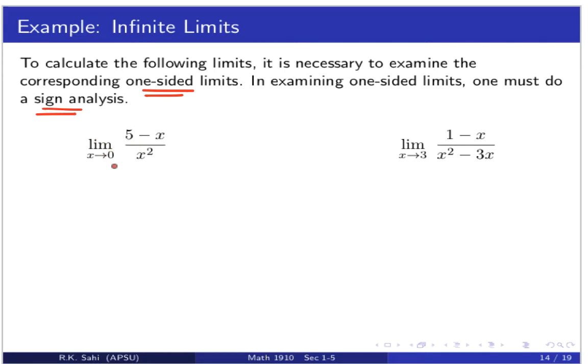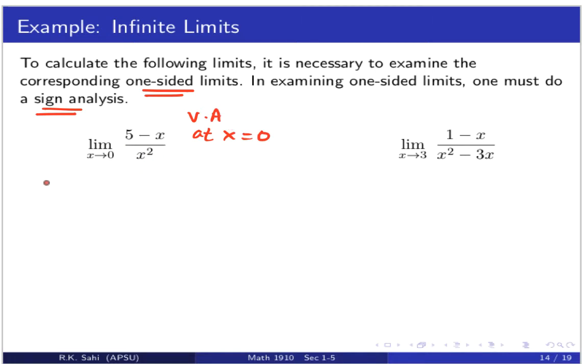So the limit as x approaches 0 of (5 minus x) over x squared. If you draw the graph, you will see that there is going to be a vertical asymptote at the y-axis, because as x approaches 0, it's 5 over 0. So notice there is a vertical asymptote at x equals 0.